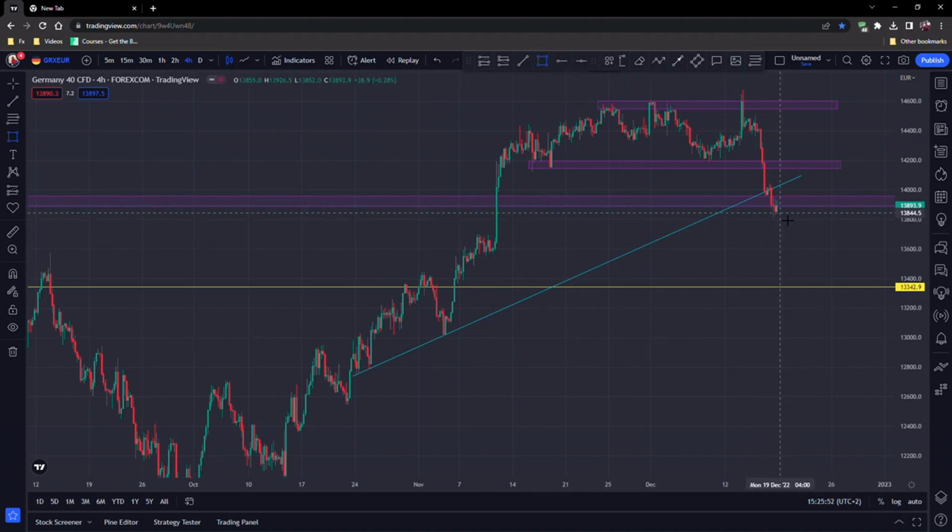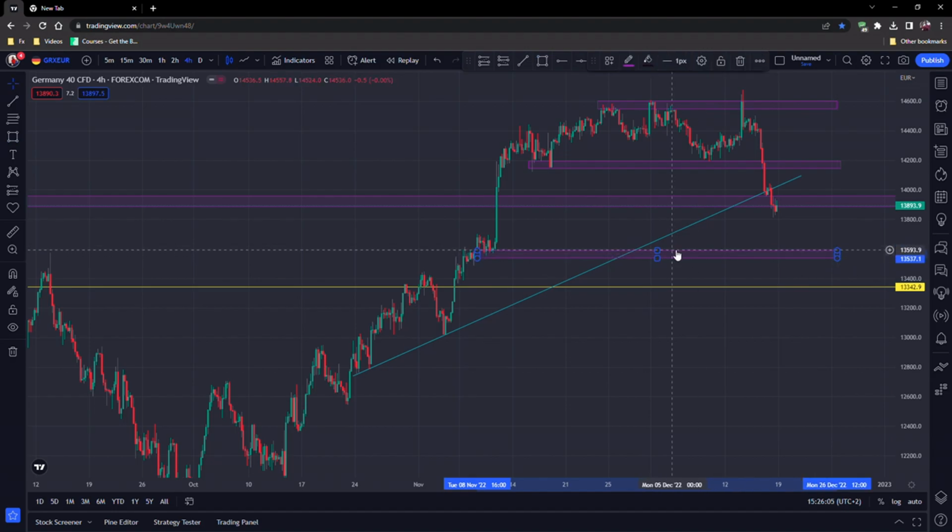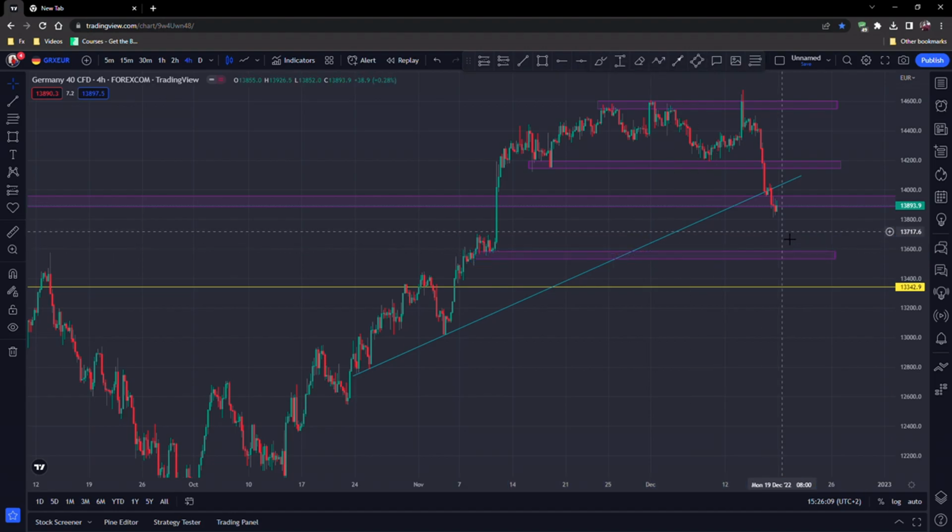So we can see a continuation, and you can also see that we are closing on that support/resistance area, so we can see a shoot down towards this area, since another support area is our first target. But you can also look at this area, but we're going to focus on this support area right here. And so the market might shoot up and come down to this area before going back up. But yeah, that's going to be it for Germany.